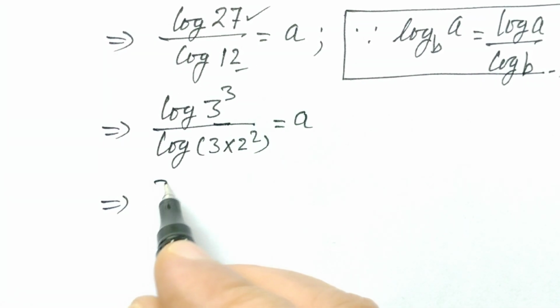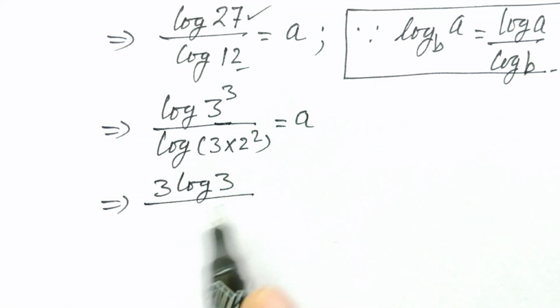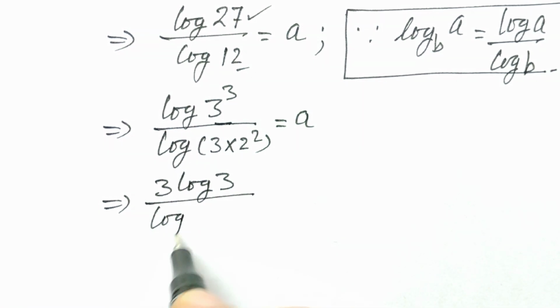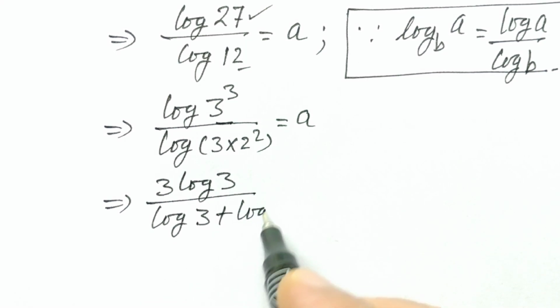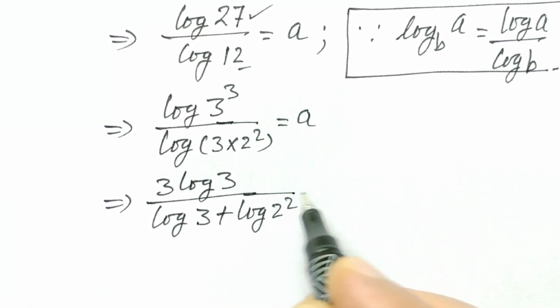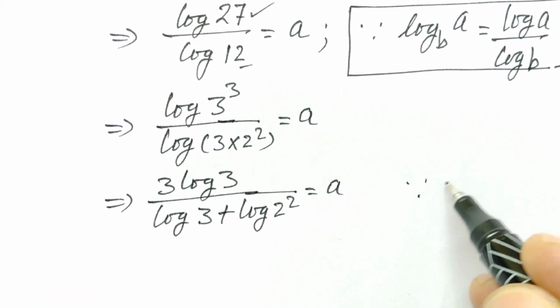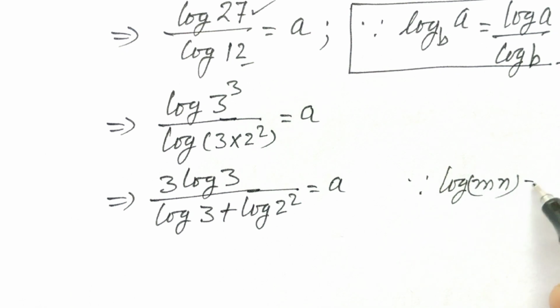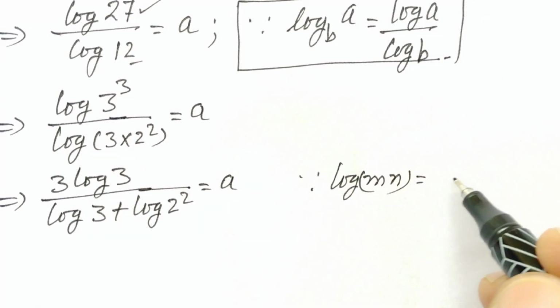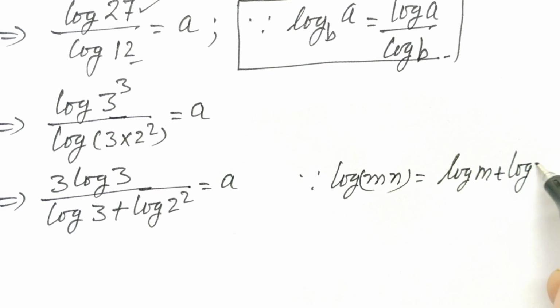Now 3 log of 3 over log of 3 plus log of 2 square is equal to a, right? Because log of m into n is equal to log of m plus log of n.